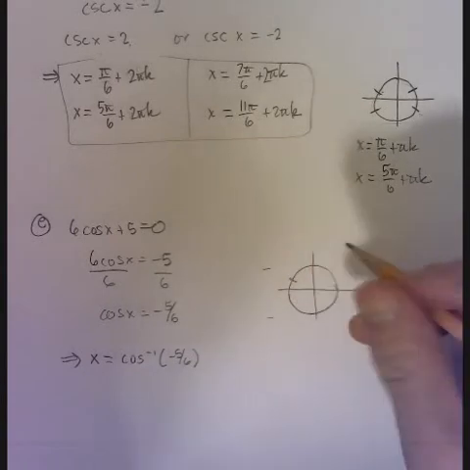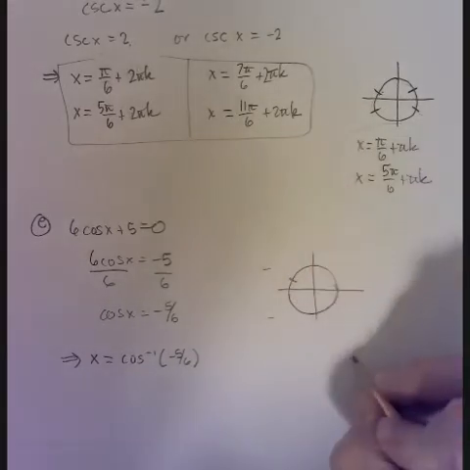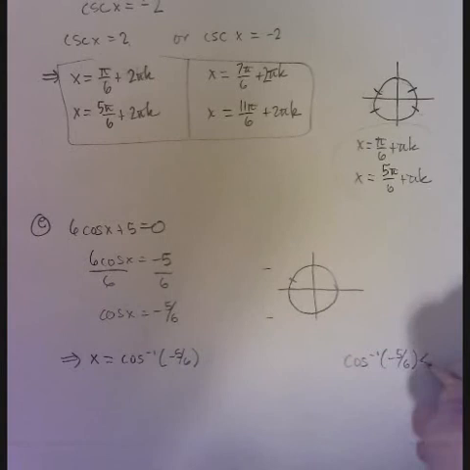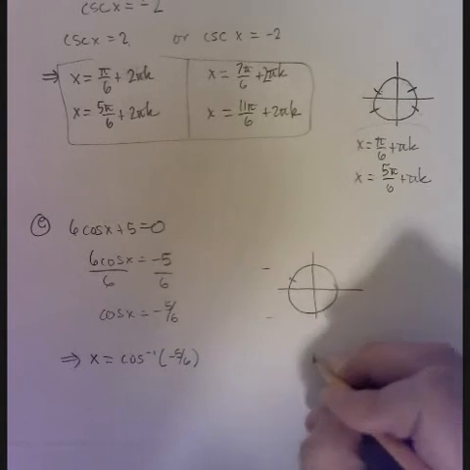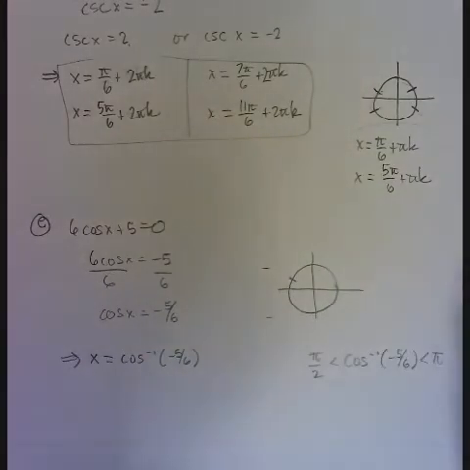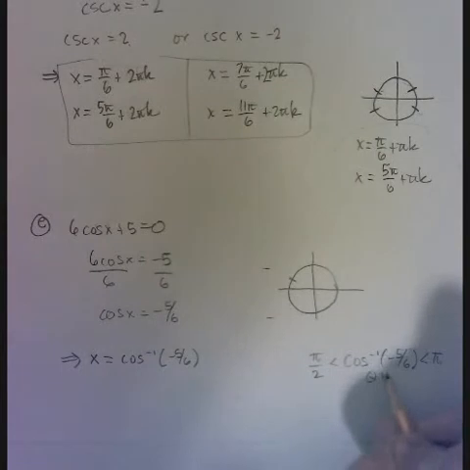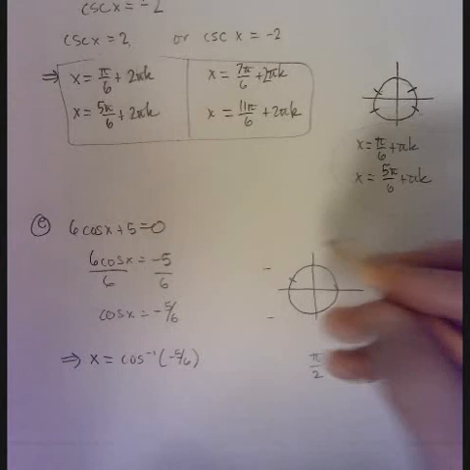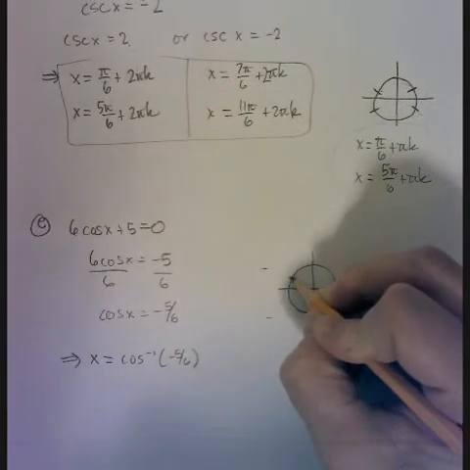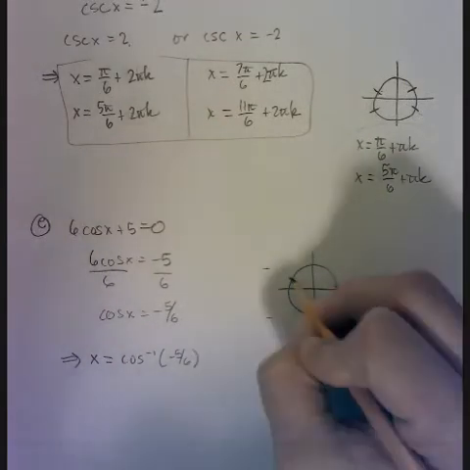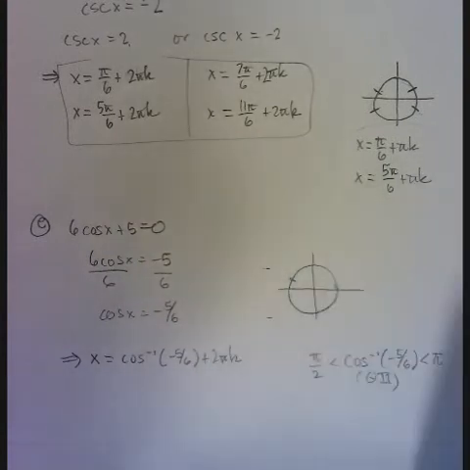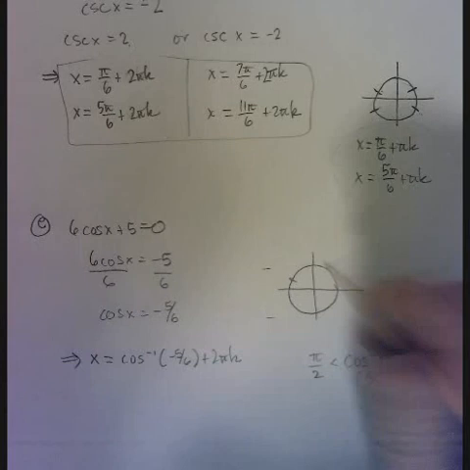So in other words, cosine inverse of negative 5/6 is less than pi, bigger than pi over 2, right? Quadrant 2. This notation just represents this one solution, and then you can add 2 pi k to get other solutions.